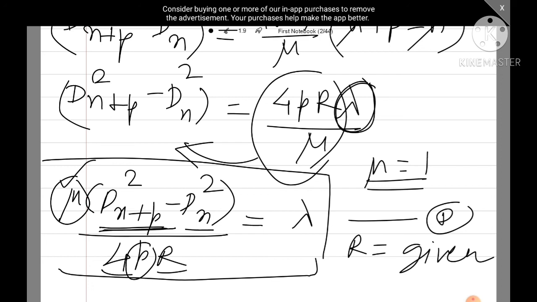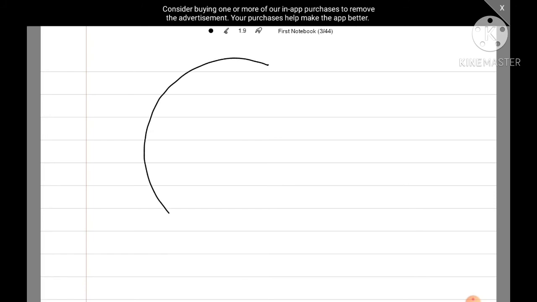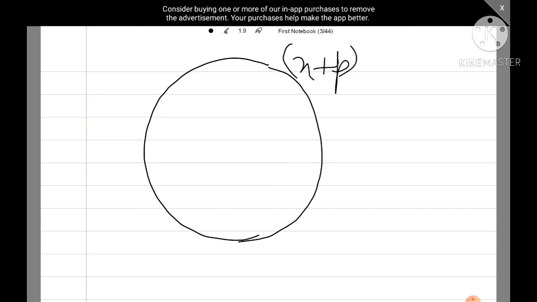Now let's see how we can find it. The rings will be found like this. Suppose this is the n plus pth dark fringe, and suppose this is the nth dark fringe, and this is the center.